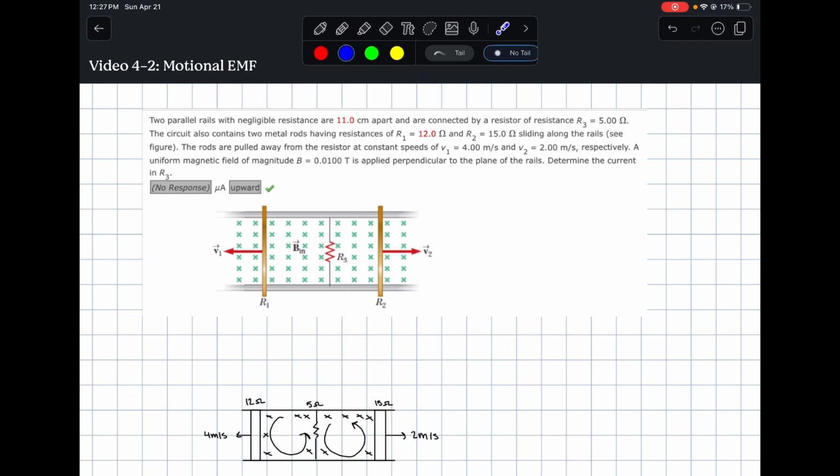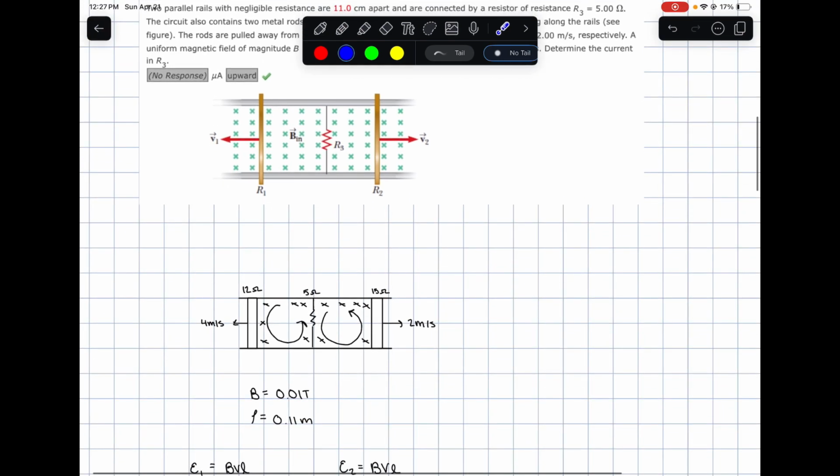So, to start, they gave us a lot of information, so that we may be able to conceptualize it and understand it better, let's redraw the given picture, but this time, let's label everything they gave us.